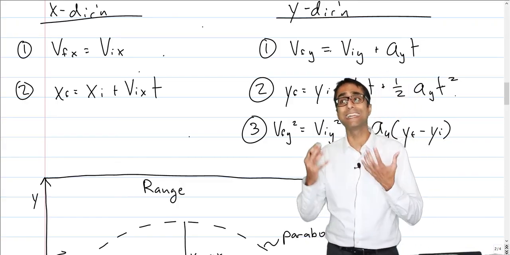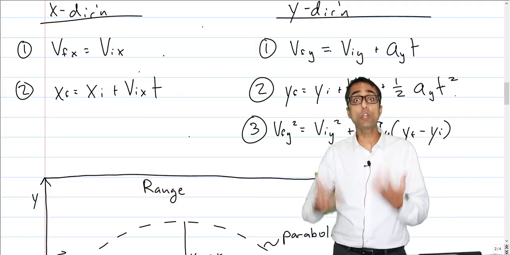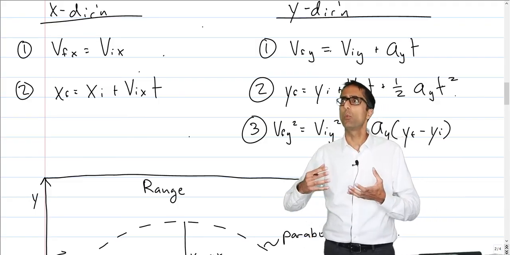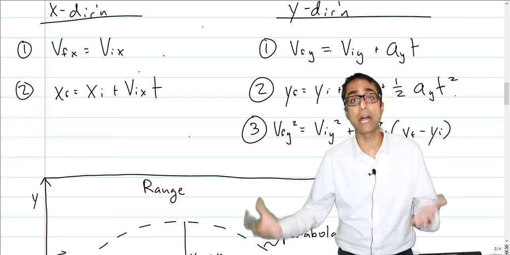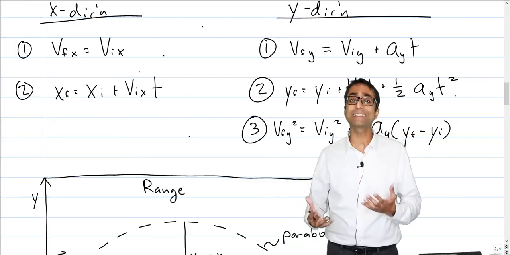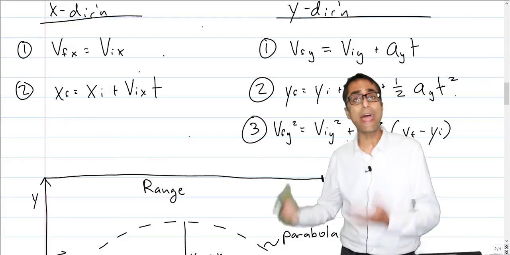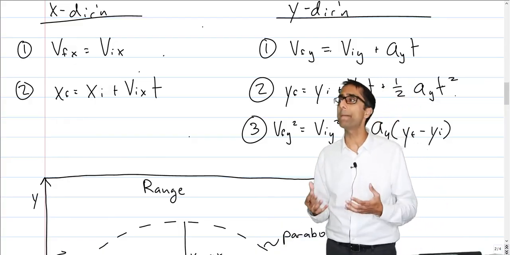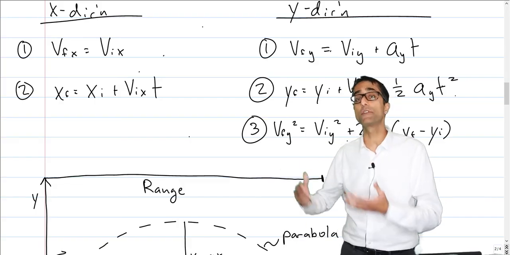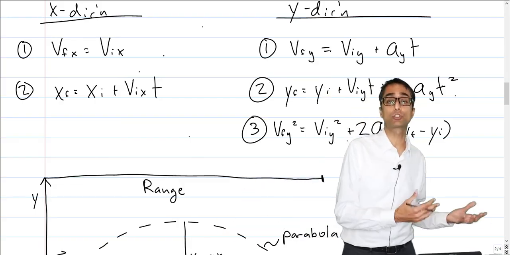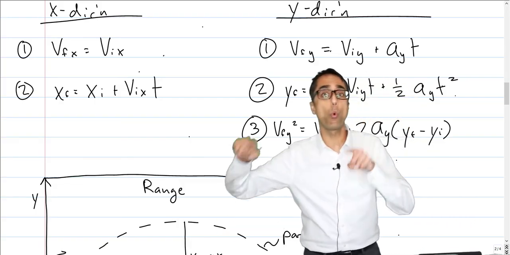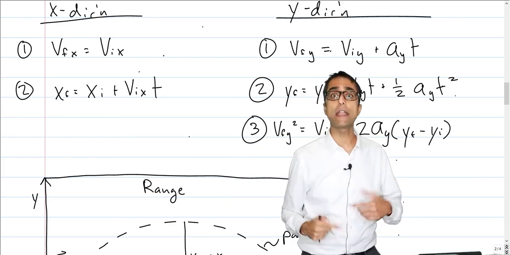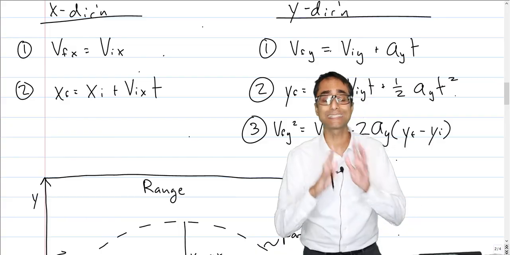And we have to find it in the direction where we know more stuff. And that's usually, almost always, the direction where we're not looking for an unknown value. Notice that I have y final. I don't have x final, but I have y final. Y final is 0. And so what that means is I know more stuff in the y direction than I do in the x direction. So I'm going to use the y direction to find the one unknown that I can use in the x direction, and that's time.